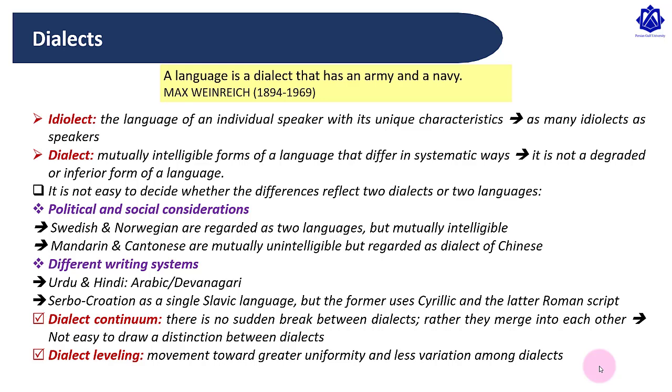But as you move far away from the first village, then you would not be able to say that they are mutually intelligible. For example, in Bushehr, in Dashti, if you start from Dashtistan and Bushehr, the kind of dialect that is spoken is similar to Persian.